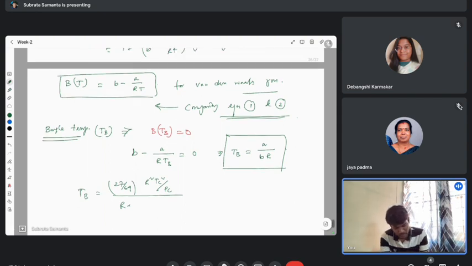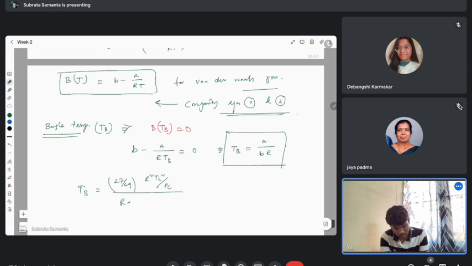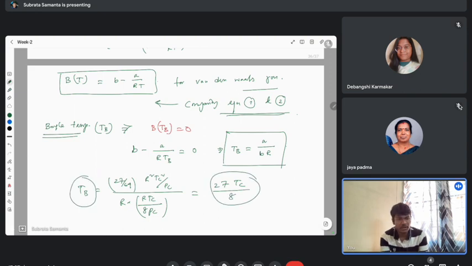We check that b is RTc by 8Pc. So now we just calculate, we get 27 Tc by 8. So this is the Boyle temperature related to the critical temperature. So Tb, the Boyle temperature, is 27 by 8 times Tc.